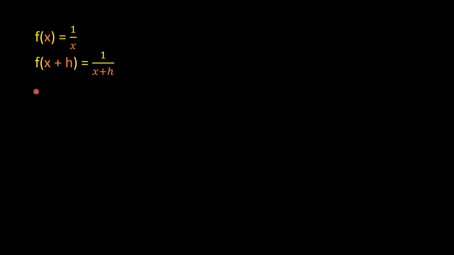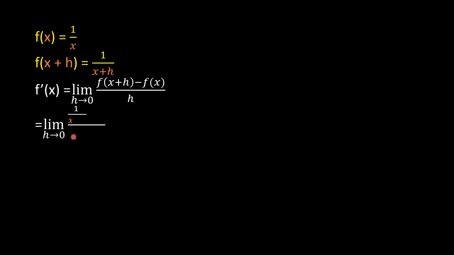By the first principle of derivative, we have f dash x equals limit of f of x plus h minus f of x upon h as h approaches 0. Let us put the values. F of x plus h will become 1 upon x plus h. In place of f of x, put 1 upon x.